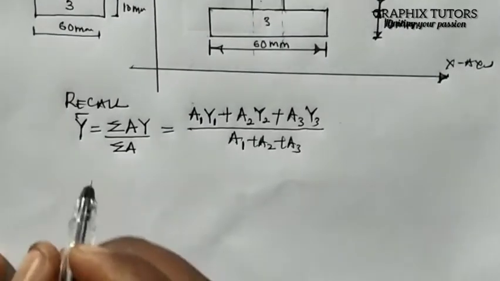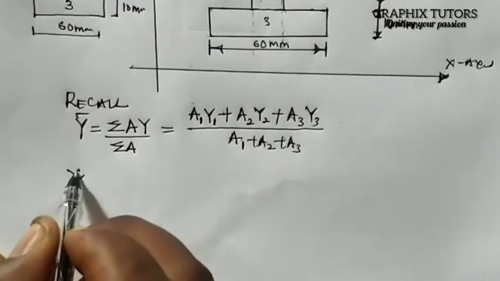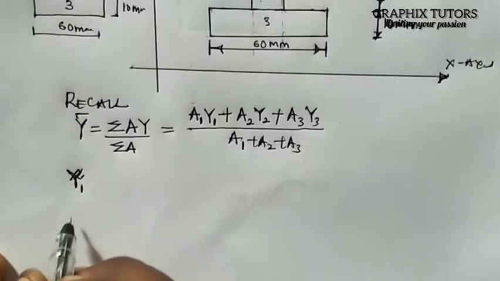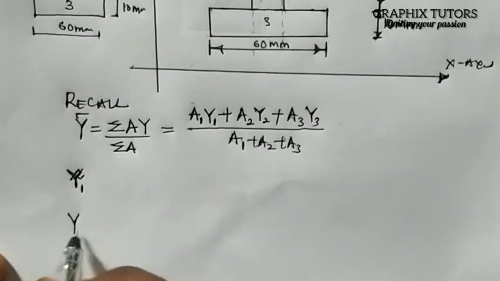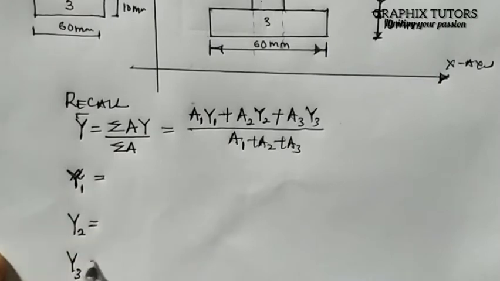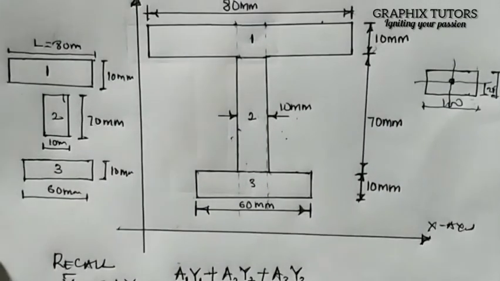So the first thing we'll look for is A1. We'll look for Y1, Y2, Y3, right? Now for Y1, don't forget this is the same figure here.